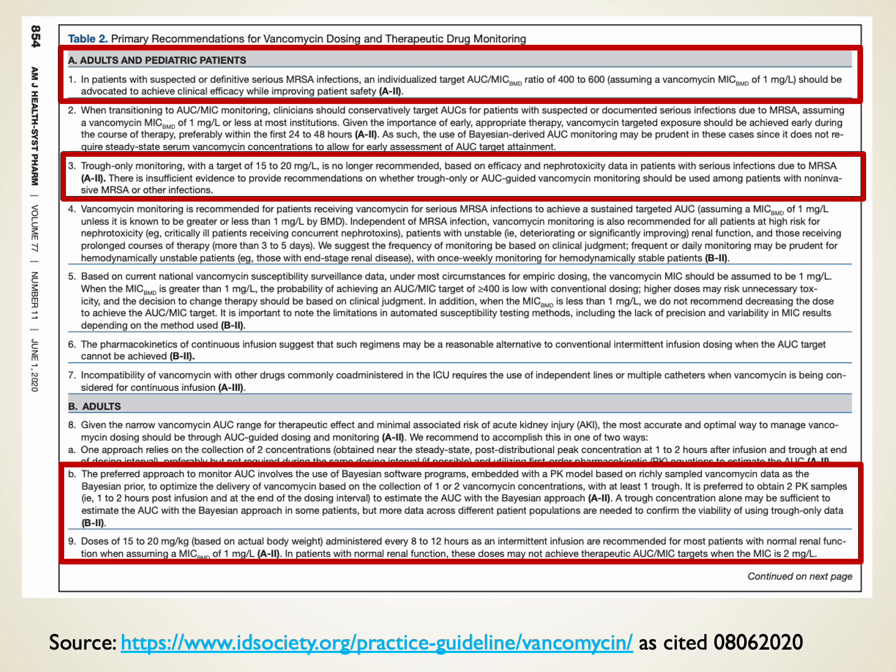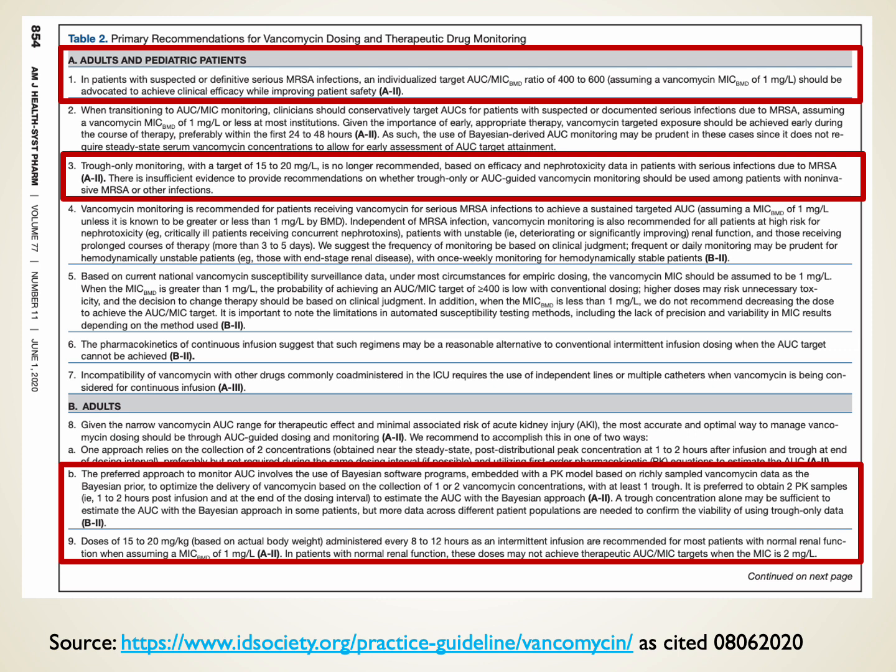So in point 3 here, the older trough-only monitoring is no longer consistently recommended. But we'd do that in conjunction perhaps with Bayesian calculation software that helps predict that, and we'll go through an example of that in a little bit.